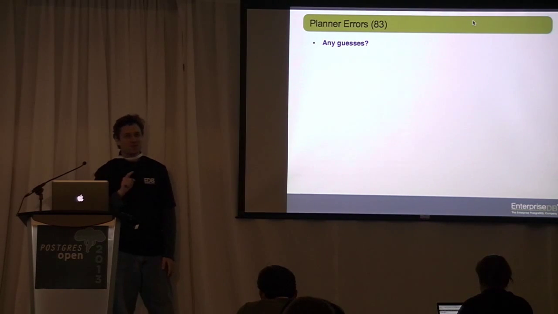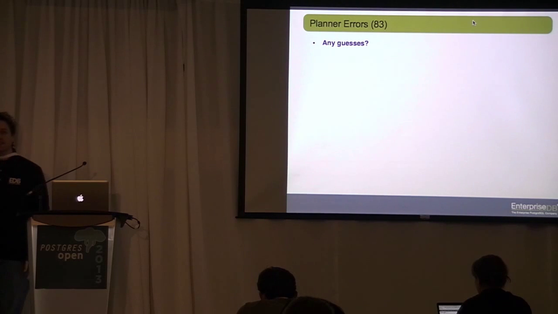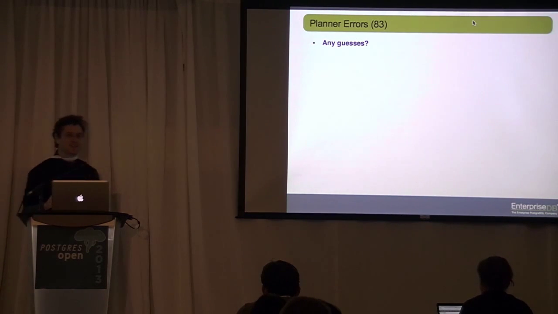Yep, that's one of the big ones. Oh, time ranges at the end of the index? No, not that one. Anybody else have a guess? Quiet group. At PGCon, everyone wanted to guess.